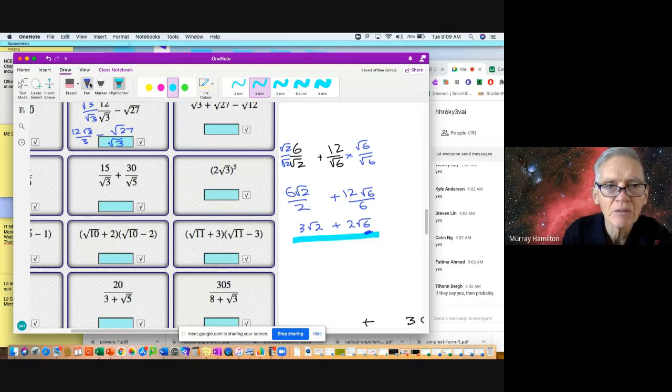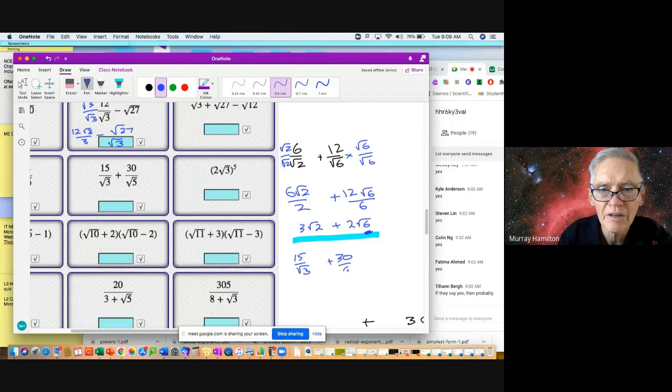And we'll have a look at one more example before I go on to the next line. And we've got 15 root 3 plus 30 root 5. Hopefully you can see the starting point. The starting point will be to times by root 3 over root 3 and root 5 over root 5. That will give us 15 root 3.